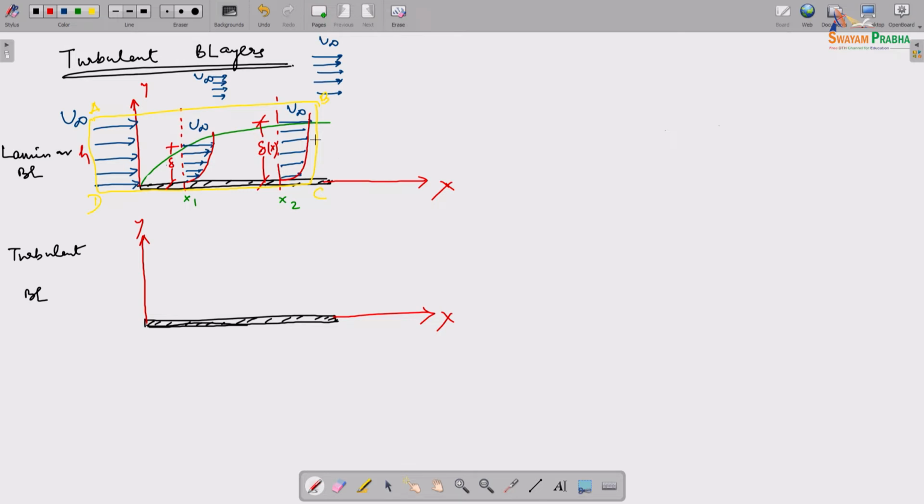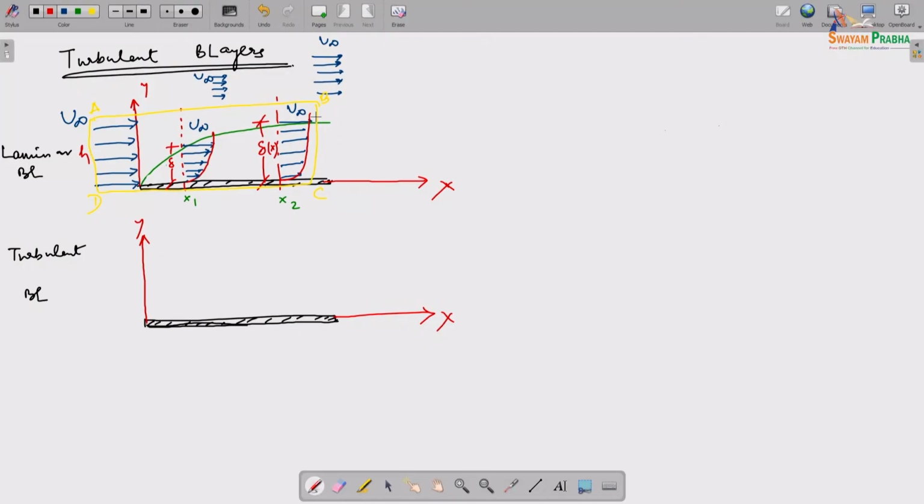If I took AB to match with this green line, then my h would be the same, this h and this h. But the same height is not going to give me the same momentum across that boundary. So essentially, what I am trying to say is the boundary at the right hand end of your control volume, which is BC.